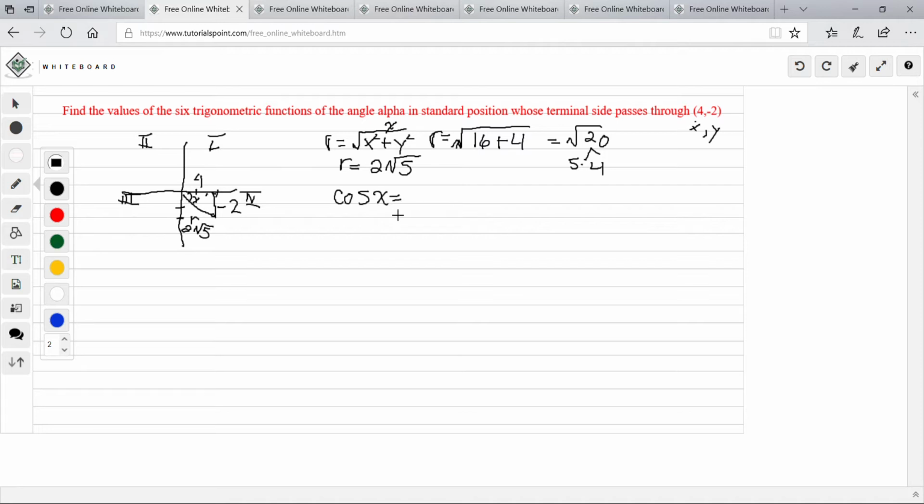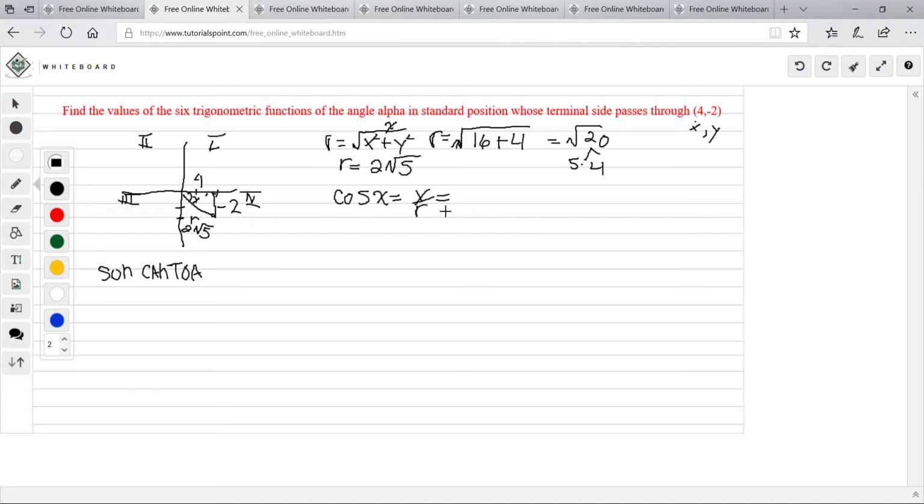Remember, you can use SOHCAHTOA, adjacent over hypotenuse, or cosine is also x over radius.